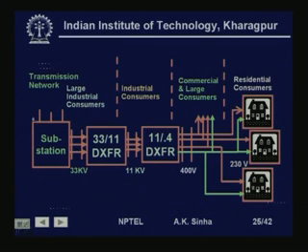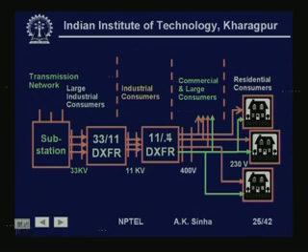From the transmission network, we come to a substation at high voltage or medium voltage level. Once we have got this power at 33 kV level by means of a transformer here, this goes to some large industrial consumers at 33 kV level or maybe at 11 kV level. So, we have a 33 to 11 kV transformer, which we call a distribution transformer, used for this purpose. Some industrial consumers will take power at 11 kV.